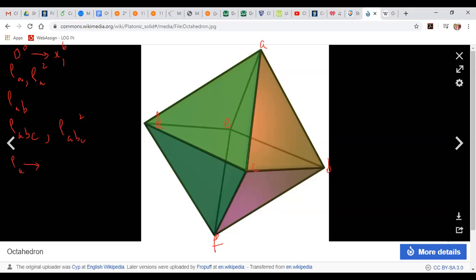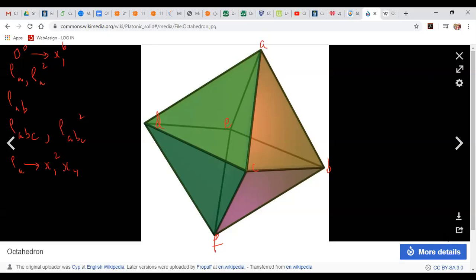Okay, what about rho A? Well, A and F are going to be fixed, so I'm going to have a couple of 1 cycles. And then B, C, D, and E are going to be rotating into one another. So that's going to be a 4 cycle.